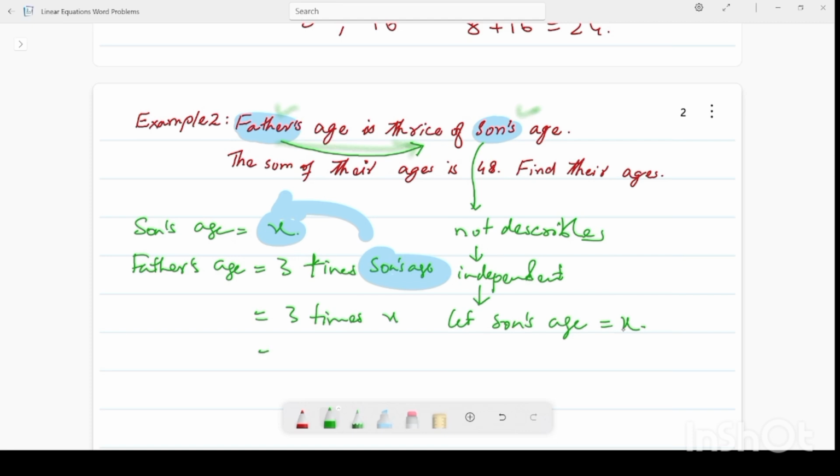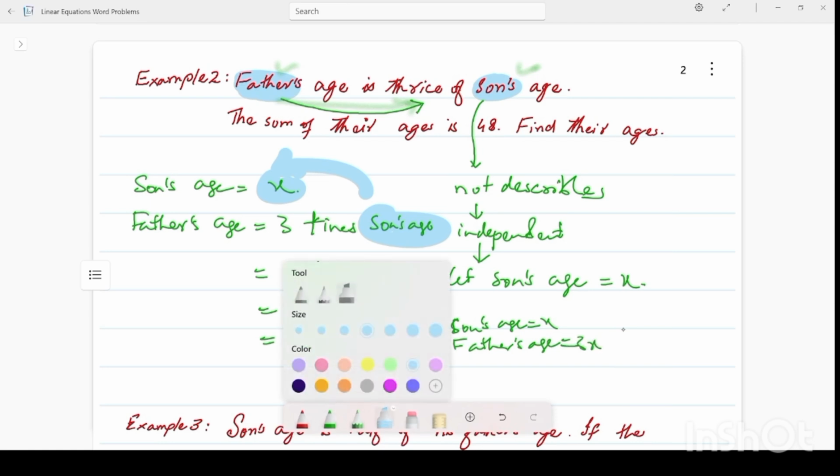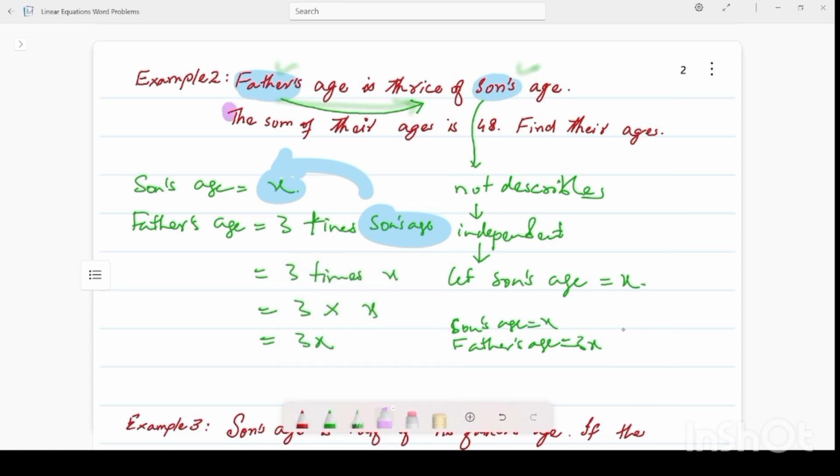Now this is father's age, and times means multiplication. So 3 times x means 3x. Now we have two variables: son's age is x, father's age is 3x.